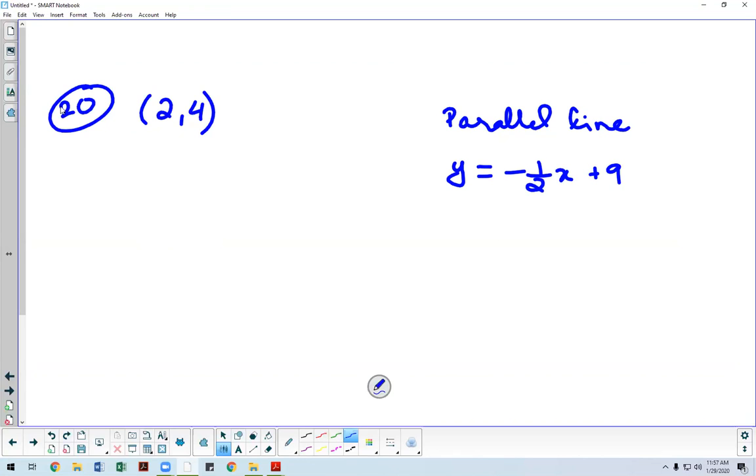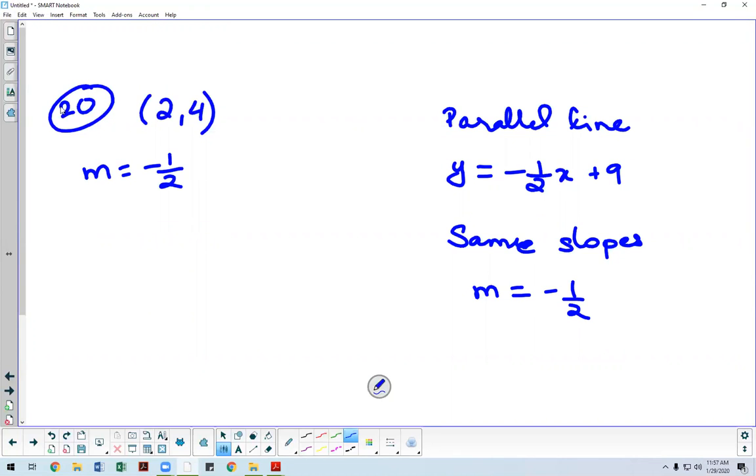So if they are parallel lines, we know they have the same slopes, which means the slope of our line is going to be the same as the slope of this line. So what's the slope for this one? Very good, -1/2. So that's the slope for our line, and that's really all the information we need from that other line.